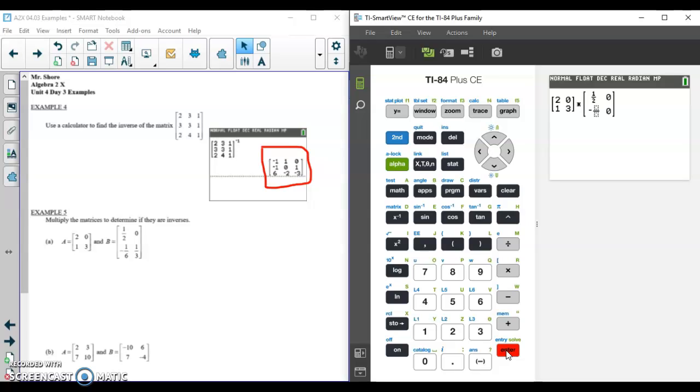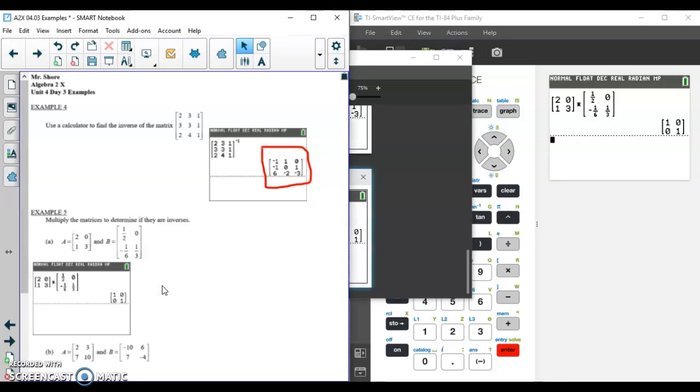And again, we have 1/6. And then the last number here is another fraction, so I'm going to delete the 0 so we don't get that again. And then tell it to enter a fraction. And our fraction is 1/3. And then when we hit enter, we see that over here we get the identity matrix.